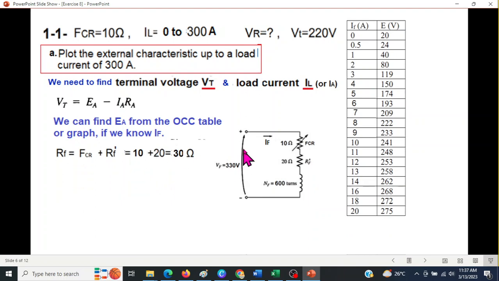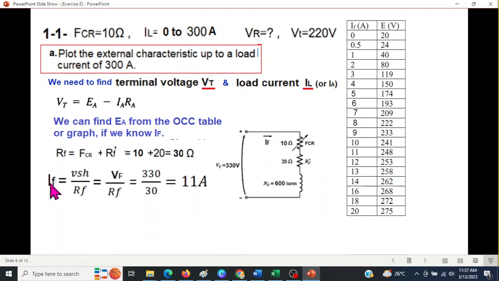And to find IF, now this is the IF. We have the voltage, so we need to find this whole resistance. In this case, the total resistance we are calling RF, which consists of FCR plus RF dash. So FCR is set to 10, RF dash is given in the circuit as 20, so RF is 30. Now IF is voltage divided by resistance.